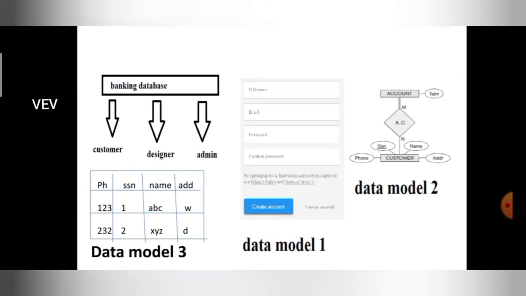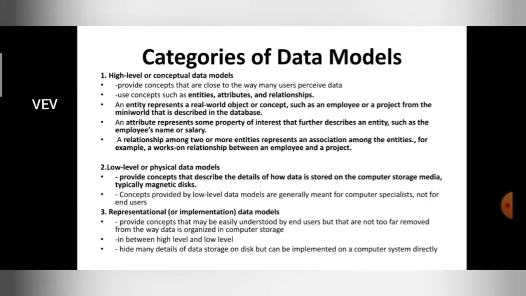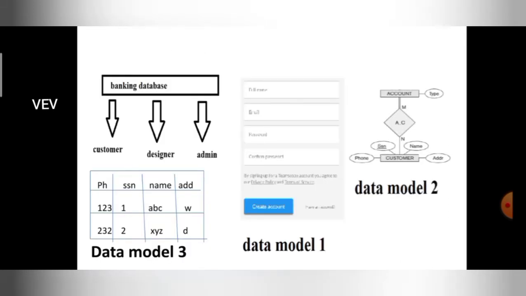So this is the high level data model. This contains the information in the diagrammatic form, especially the entity relationship model. So what is a relationship? Relationship represents the association among the entities. For example, you can see customer is related to account. How? Customer can create an account.